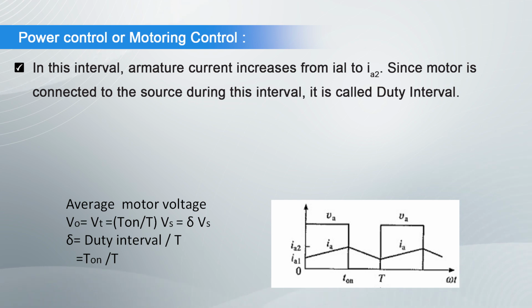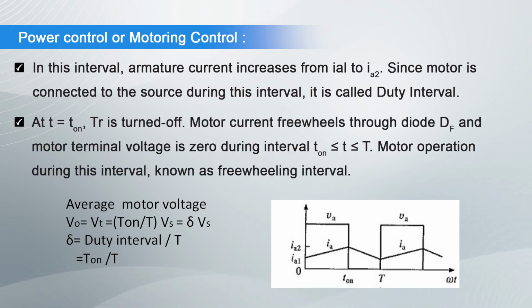Since the motor is connected to the source during this interval, it is called the duty interval. At t equal to T on, TR is turned off. Motor current freewheels through diode DF and the motor terminal voltage is 0 during this interval when t is between T on and capital T. Motor operation during this interval is known as the freewheeling interval.